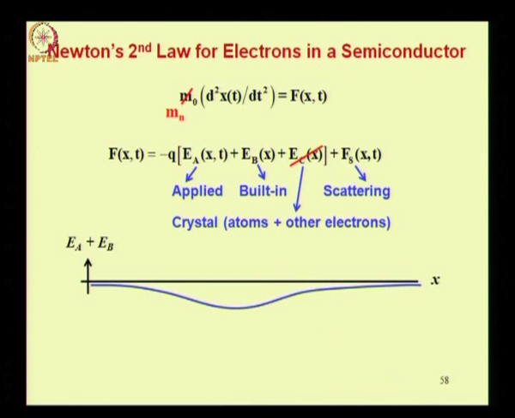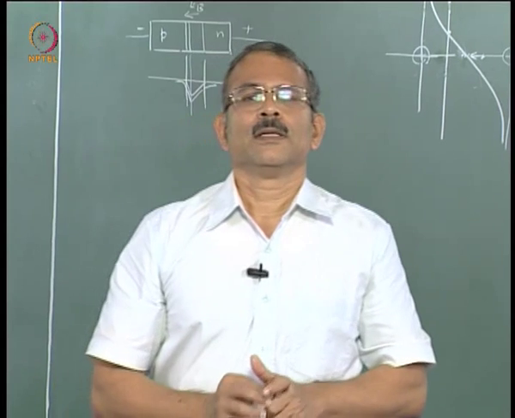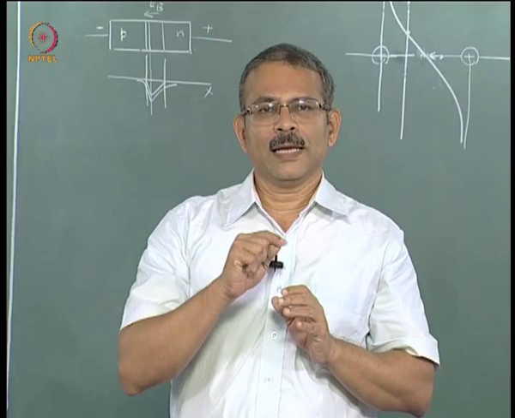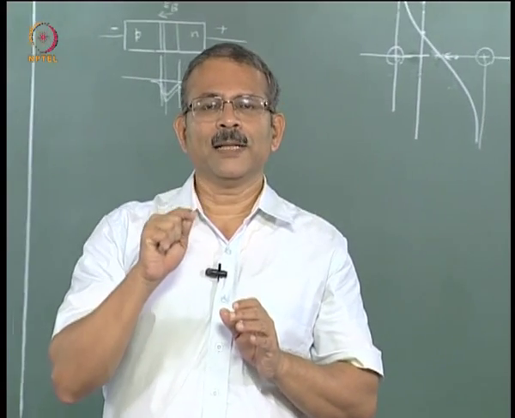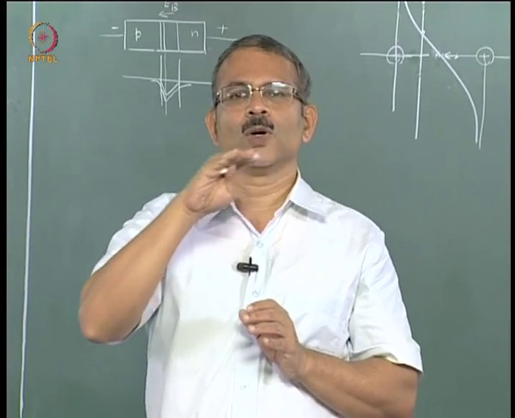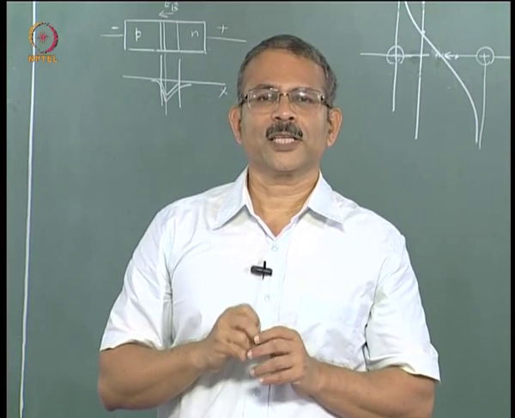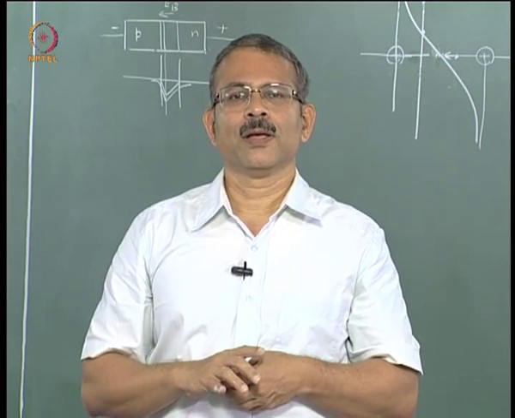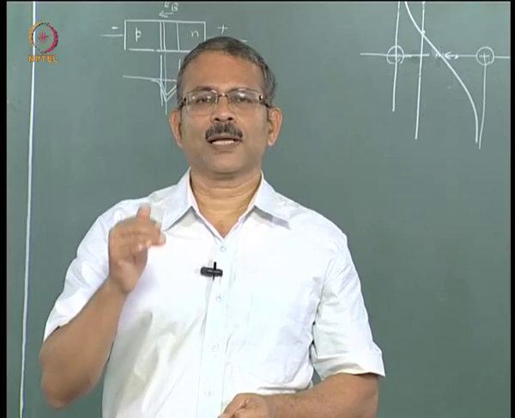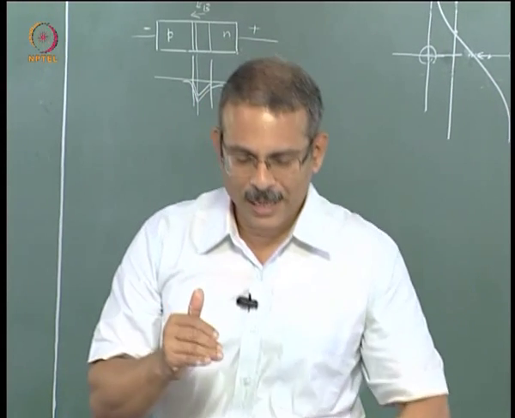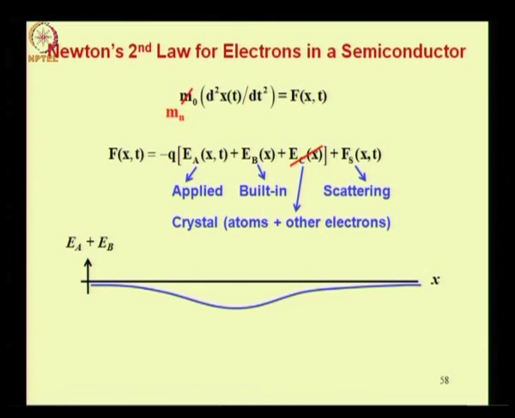So in this approximation we ignore the rapidly varying crystal potential. It turns out that the applied and built-in potentials vary much more slowly than the crystal potentials. So the effects of the crystal potential we are ignoring while solving, but absorbing their effect in the effective mass.